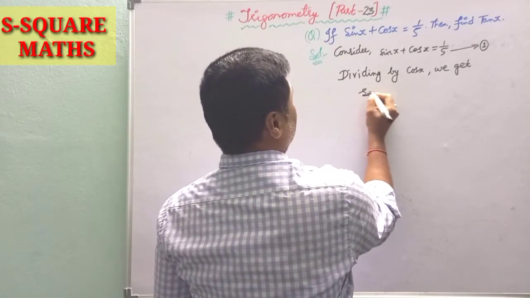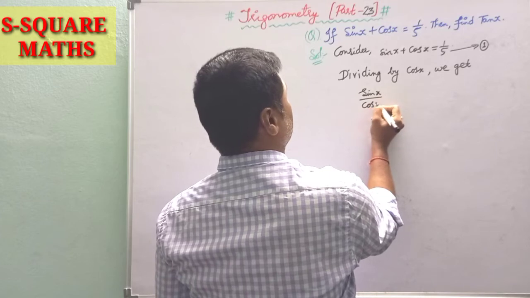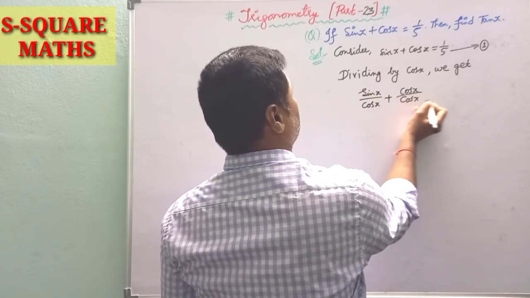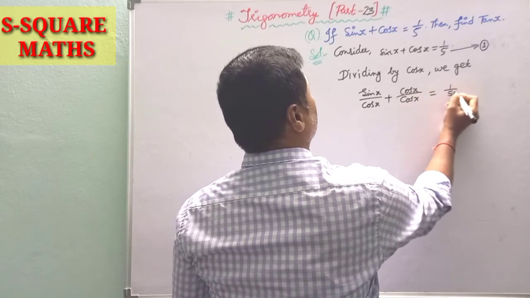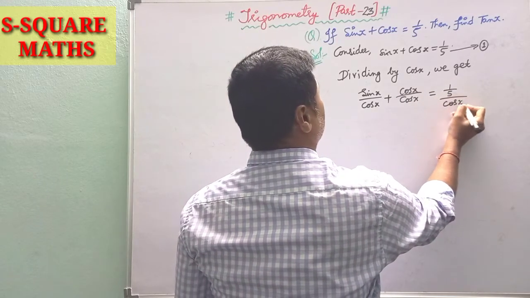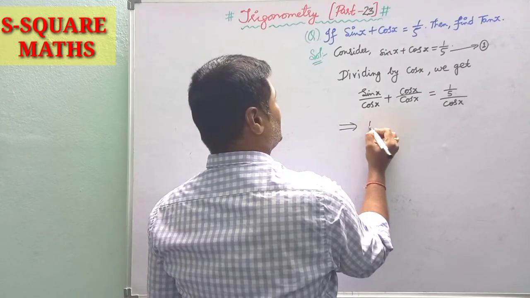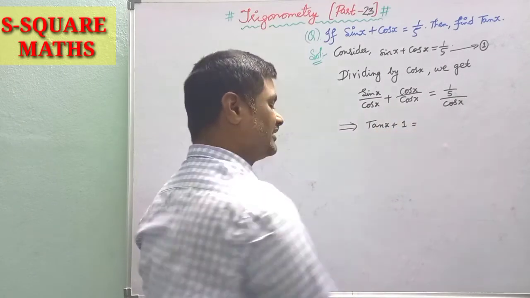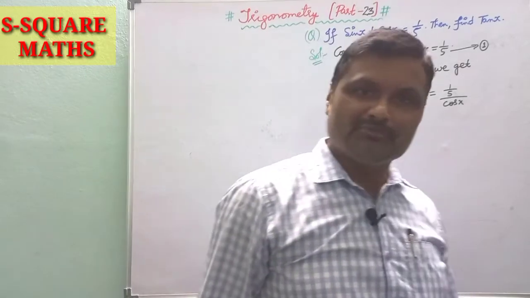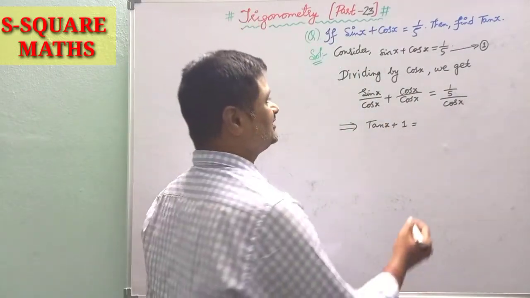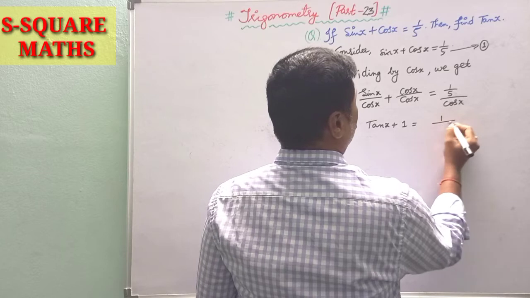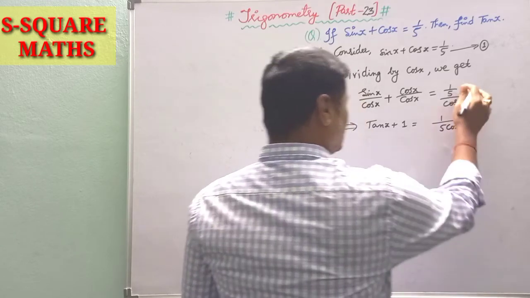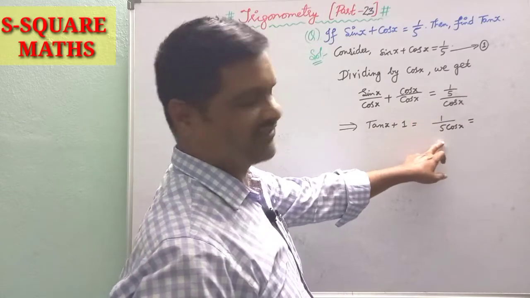Splitting here, sin x by cos x plus cos x by cos x is equal to 1 by 5 by cos x. So tan x plus 1 is equal to 1 by 5 cos x.